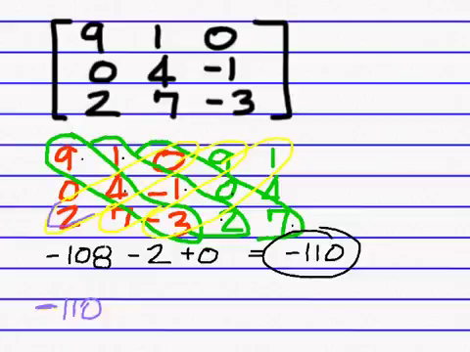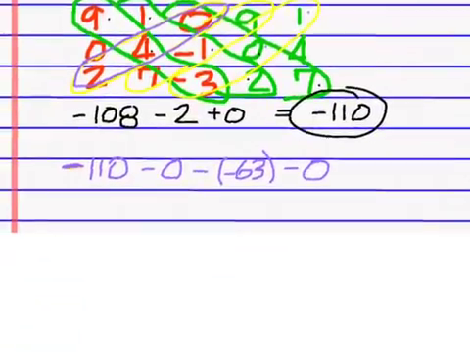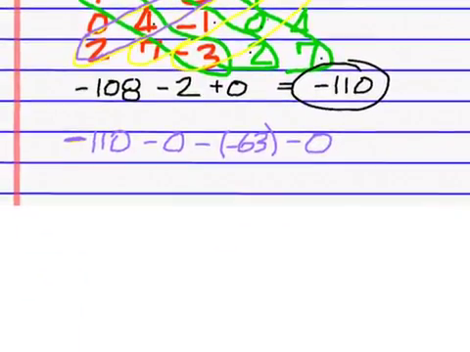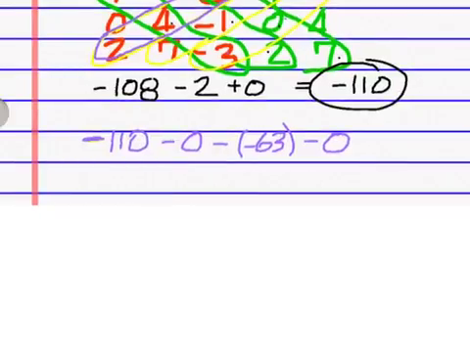You're keeping this, the negative 110, and then inserting behind that the subtraction of each product. So starting with this one here, 2 times 4 times 0, we subtract 0. And then minus 7 times negative 1 is negative 7, times 9 is negative 63. And then negative 3 times 0 times 1 is 0, so we subtract 0. Alright, we'll finish this out here. Negative 110 minus 0 is negative 110.